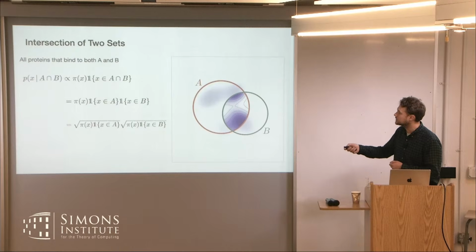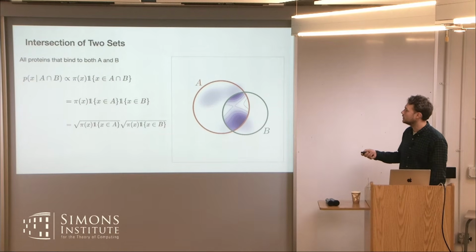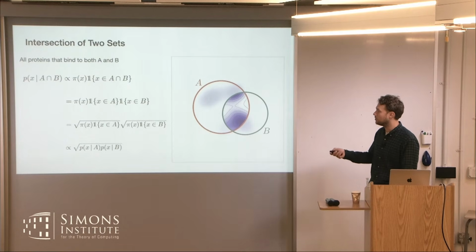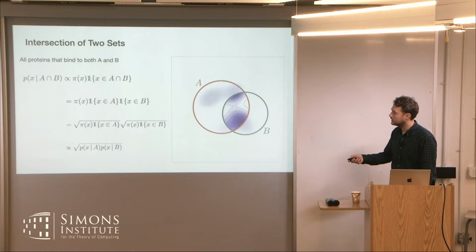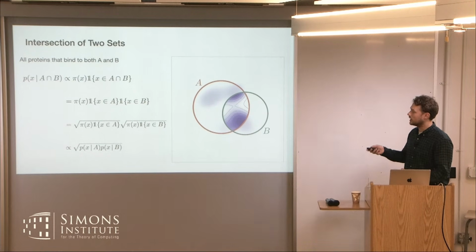Of course, the square root of the indicator function doesn't change the function, so we can apply this. Finally, we can say that this is proportional to the product of the square roots of these two things. So we arrived at defining the intersection through algebraic operations on the set definitions.